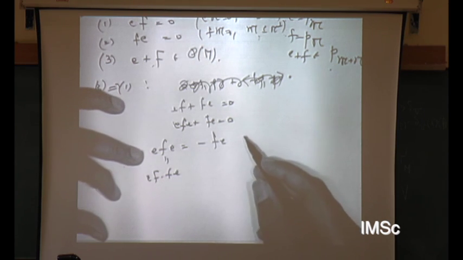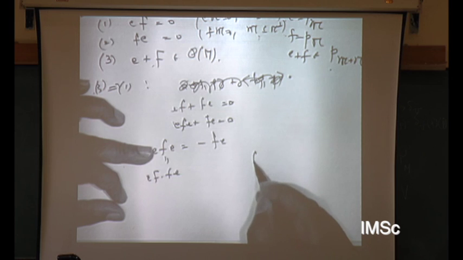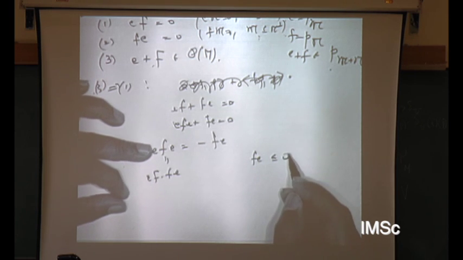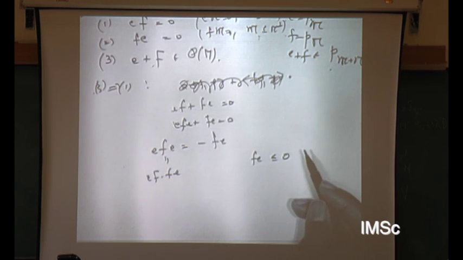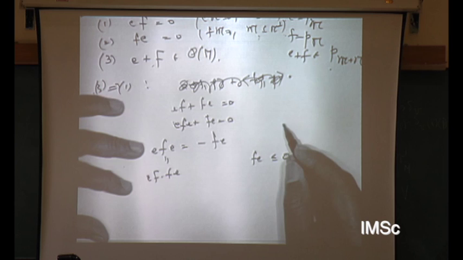So this means that FE is negative. Right? But that means in particular that FE must be self-adjoint. If FE is self-adjoint, that means FE is equal to EF.